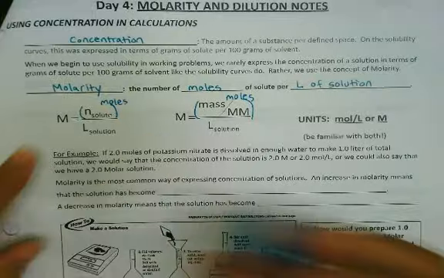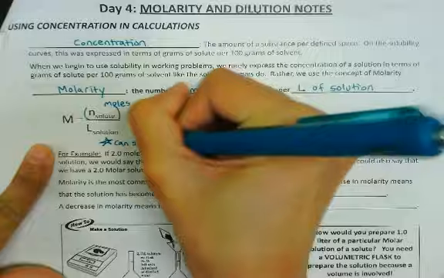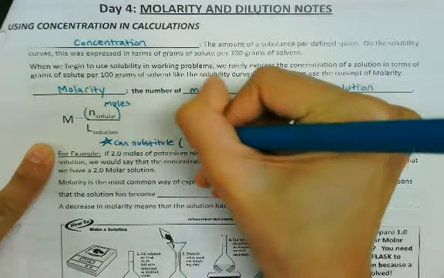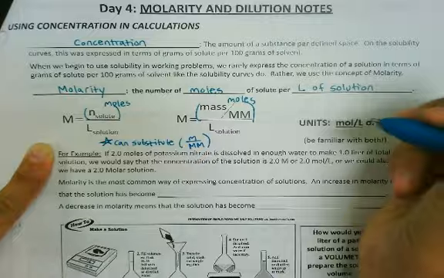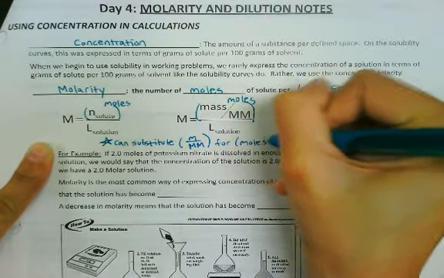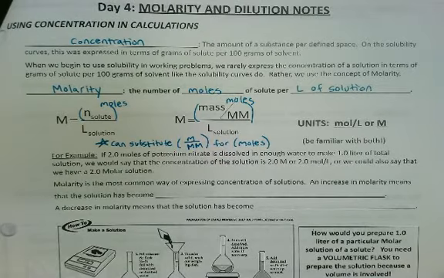So you can make a little note, you can substitute mass over molar mass for moles if you so choose, because they are the same thing. Dividing the mass of something by its molar mass will get you the moles of that substance.